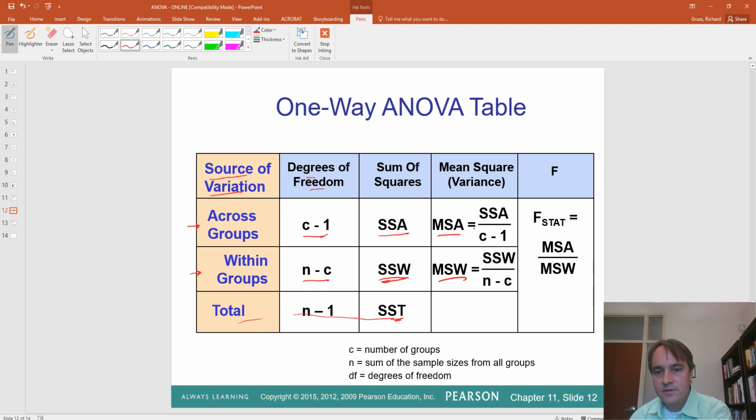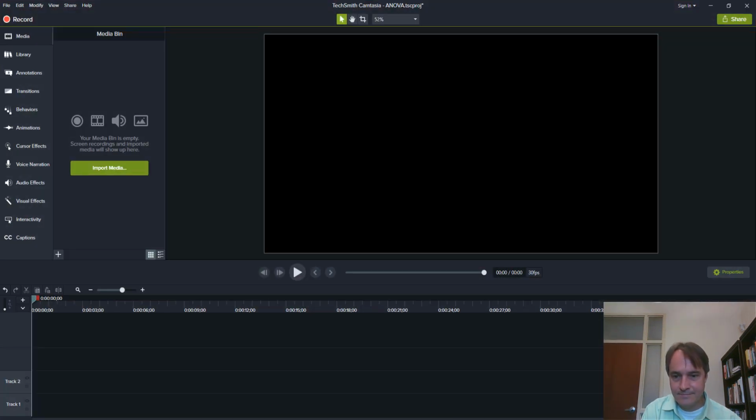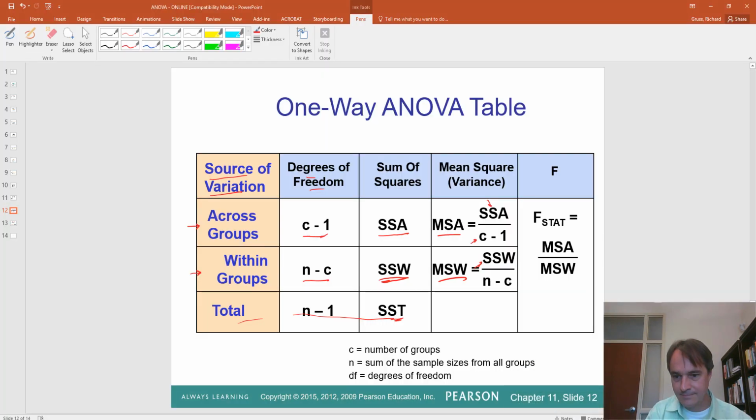Sum of squares across, our mean squares across, which is our sum of squares across divided by the numerator degrees of freedom here. Okay, so this is the ratio that we're really interested in, and this summarizes what we want to know.